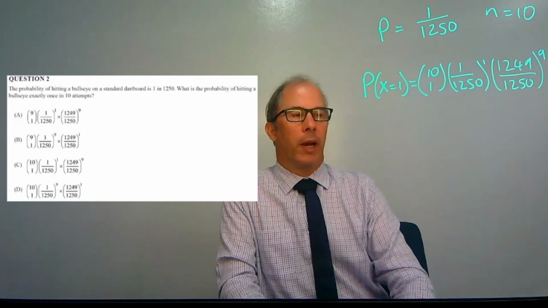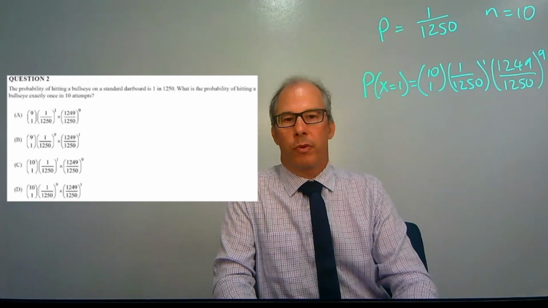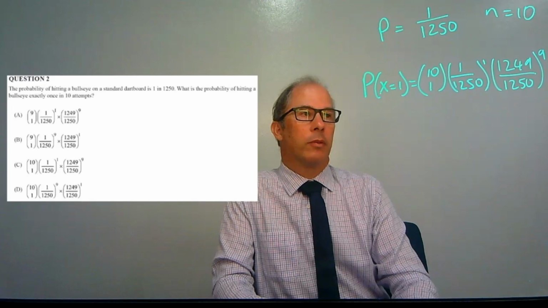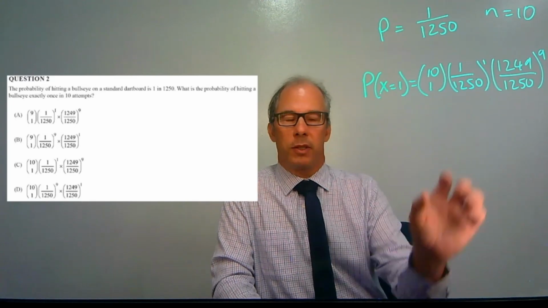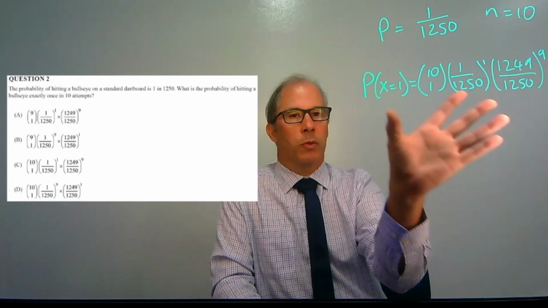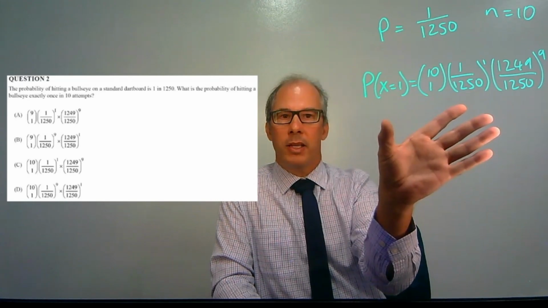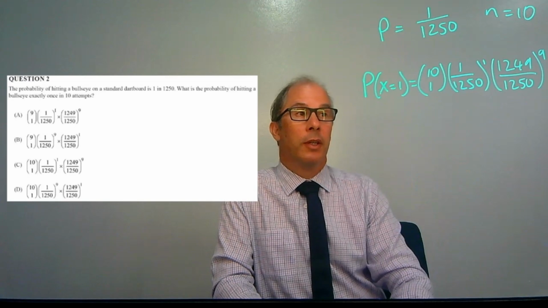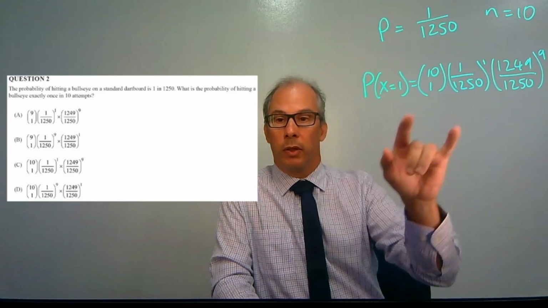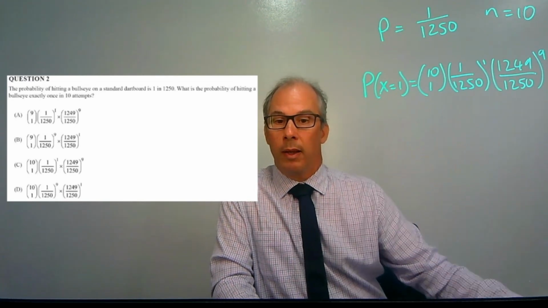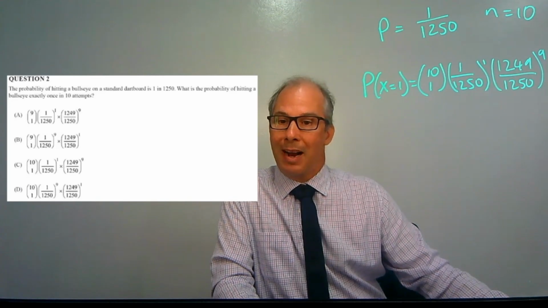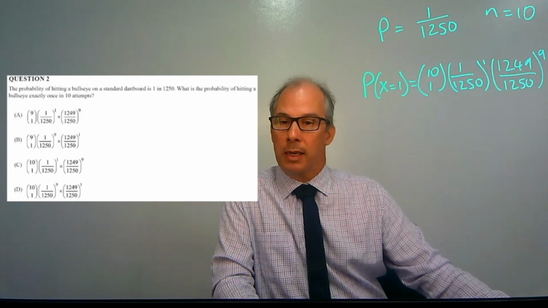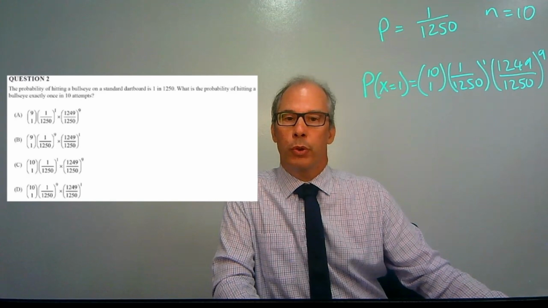Failure in this case is going to be 1,249 divided by 1,250. That's all we need to do for this. We're not asked to actually calculate the answer. If we were, we would just use our binom PDF function in our calculator. If you look carefully, this matches up to C. I believe it's C for question 2.